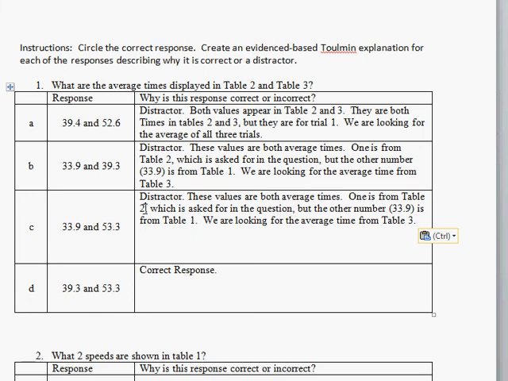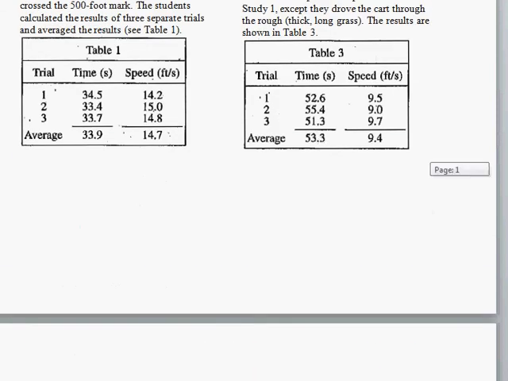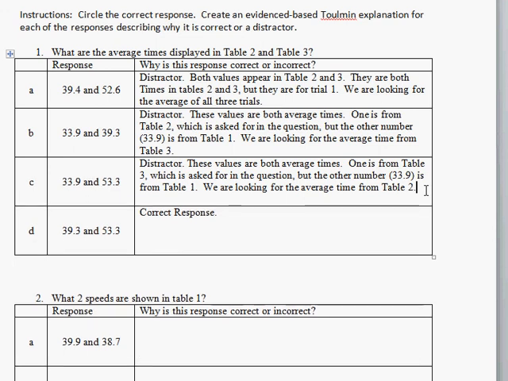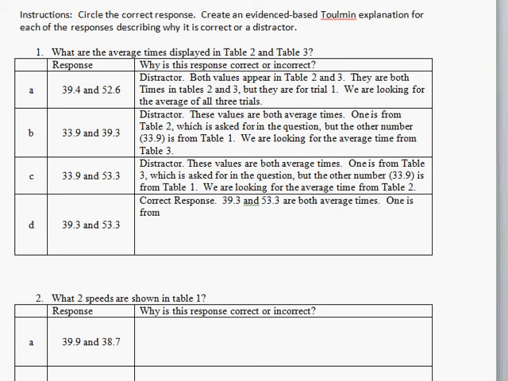But the other number, 33.9, is from Table 1. Correct response: yes, 39.3 and 53.3 are both average times. One is from Table 2 and the other is from Table 3.